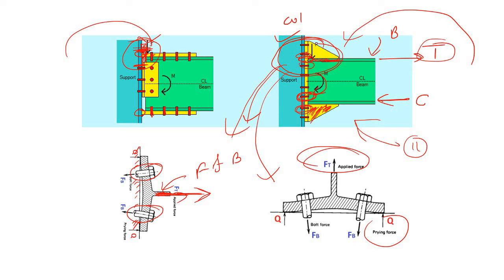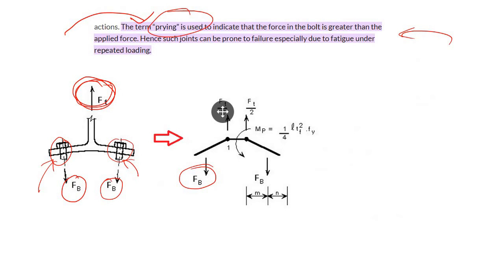Now if you have a stiffened moment connection, what will happen? Of course, due to this stiffener, this particular zone is much more rigid or stiffer. In that case, this tensile force will bend this flange.